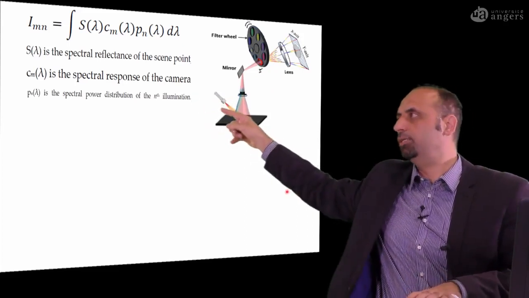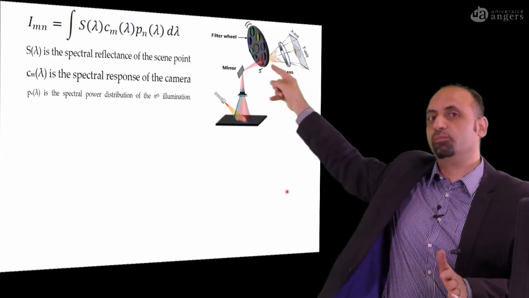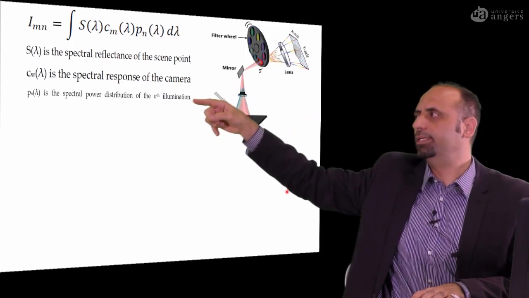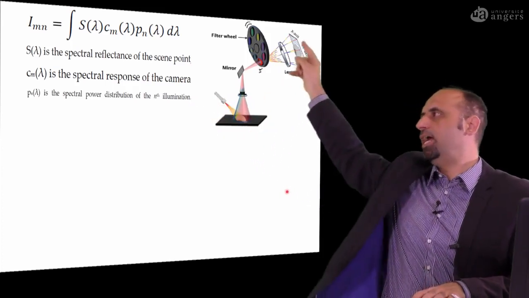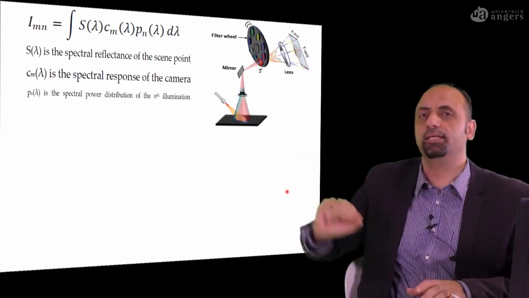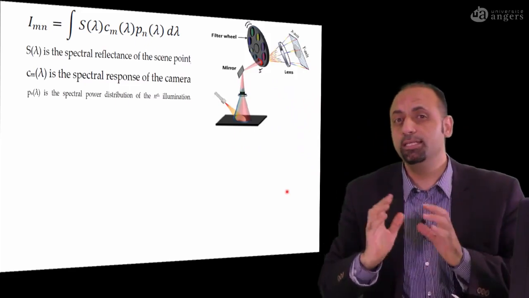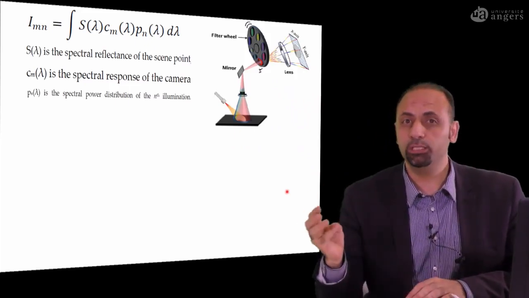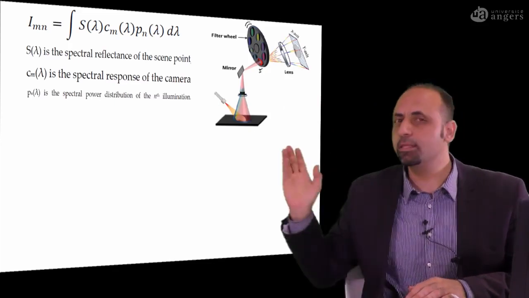If you have bad illumination, the signal received by the camera will be bad. But if you have a high power of the incident light, you have a high signal in the sensor. So you need to take into consideration this integration between information coming from the object, from the sensor, and from the illumination. This is the theory.